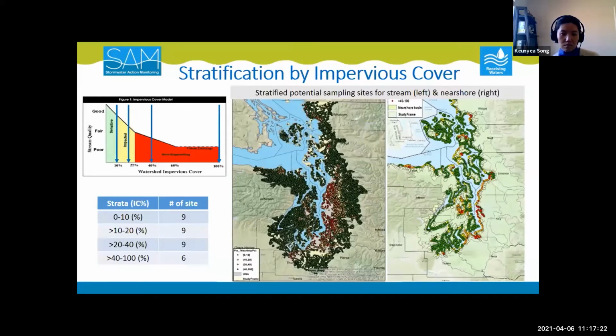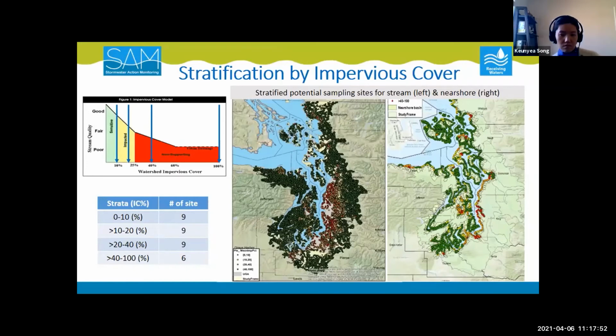The study area was then categorized into 4 groups based on the average impervious cover percent of the watershed. The different colors on the map represent the potential sampling points in different urban gradient categories. As you can see here, the green area, which is from 0 to 10% of the impervious cover, is disproportionately large.